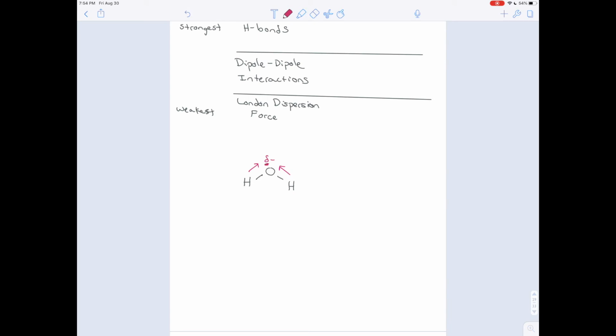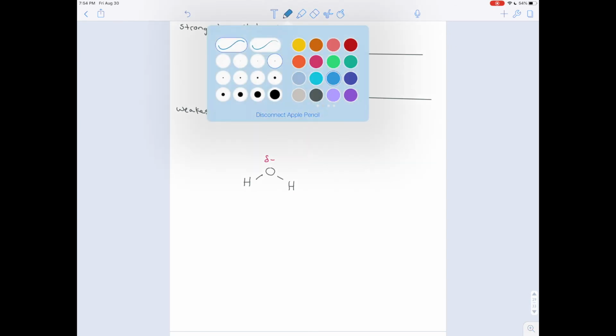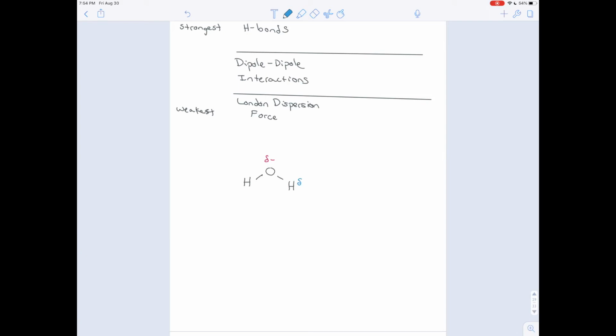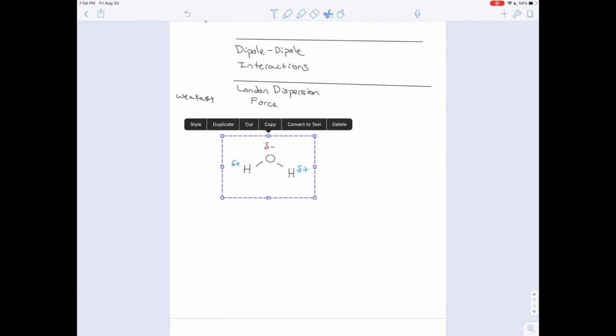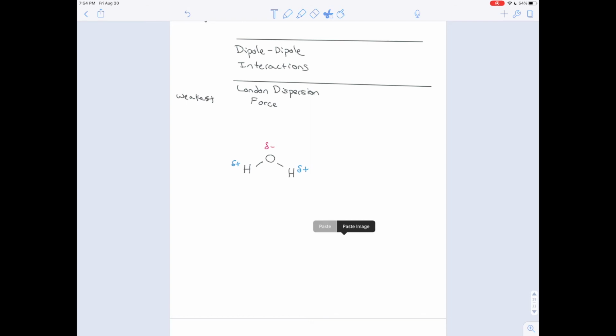So the oxygen becomes a little bit negative. And since the electrons are going toward the oxygen, they're going away from the hydrogens, and so those hydrogens become slightly positive because they're losing a little bit of electrons around them. So water is a polar molecule. It has these slight positive and negative charges.